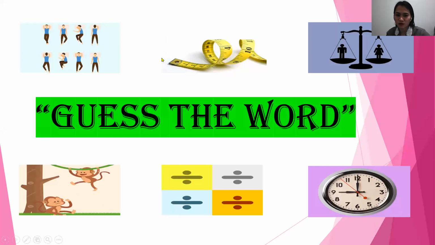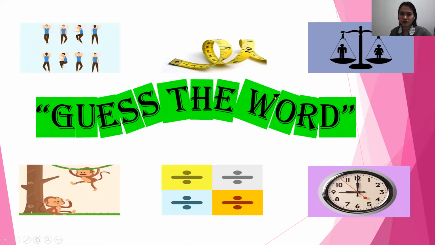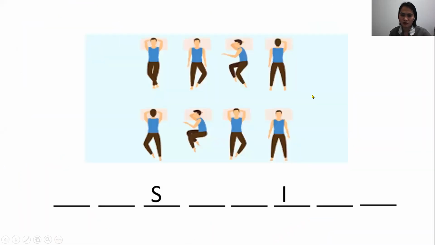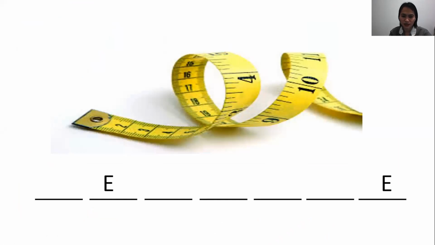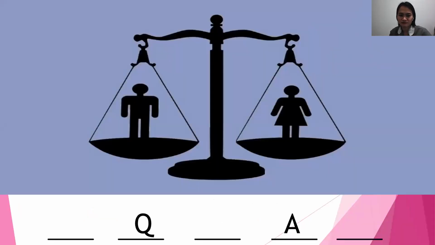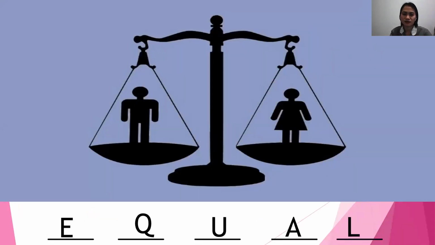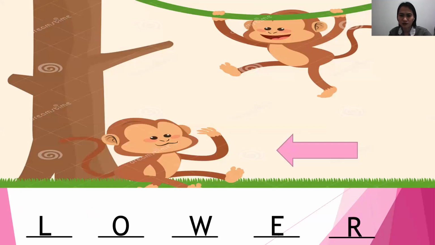Okay, so guess the word. You're just going to guess the word based on the picture. First picture, what is the word? Very good. Position. Next. Measure. Next. Equal. Next. Very good. Lower.